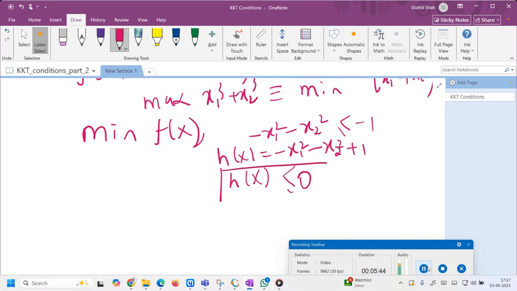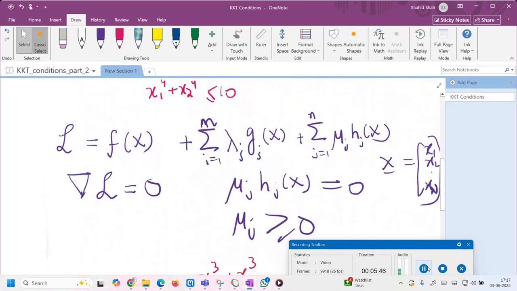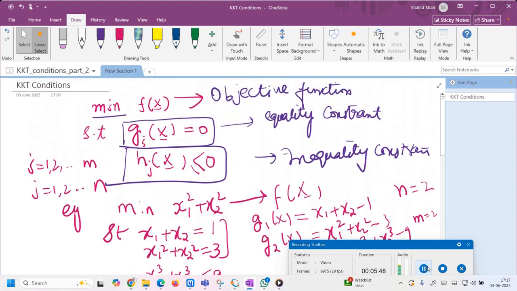Now this is standard form. The standard form is that the objective function should be minimized, the equality constraint is obviously there is only one way, but the inequality constraint has to be in this form, h of x less than or equal to 0.